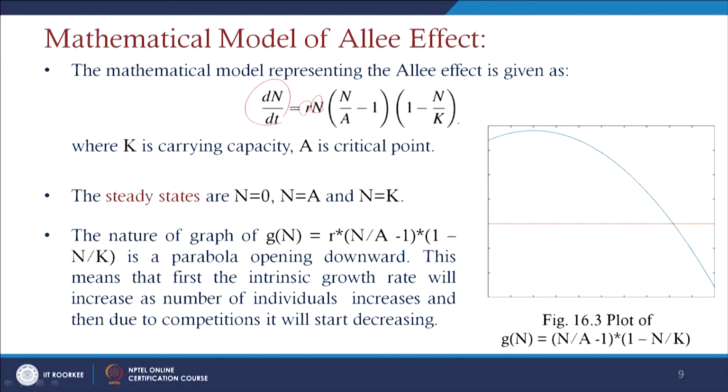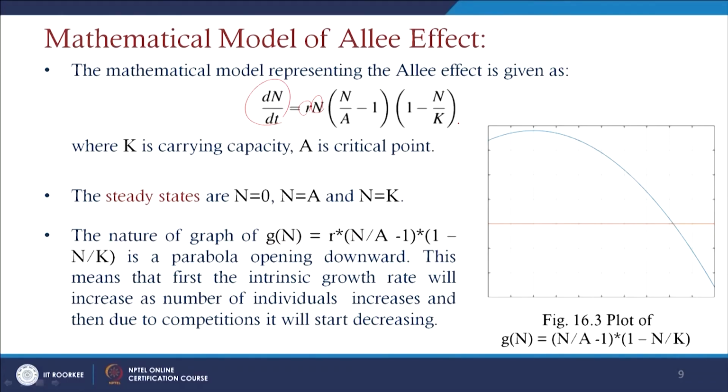Here we assume that k is the maximum carrying capacity, or the critical value, and a is the critical point we have assumed. And the steady states are, if you see dn by dt equals 0, obviously we can write n equals 0, or n equals a, or n equals k.